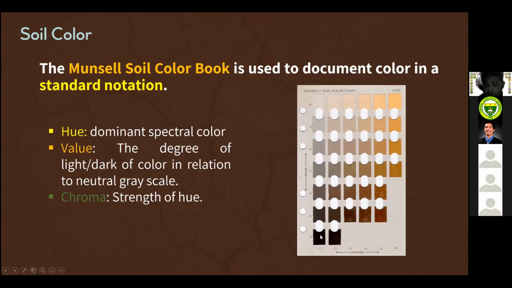As you can observe, the lower the value, the darker the color of the soil. Upon increasing the value, the lighter the soil, in contrast with the chroma, which is the strength of the hue. So chroma is our horizontal numbers. The more the chroma increases, the brighter its color becomes. Okay?